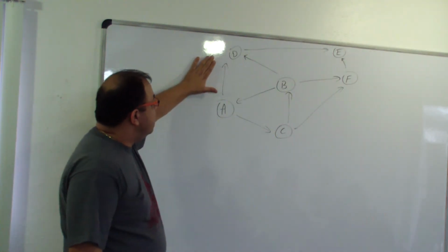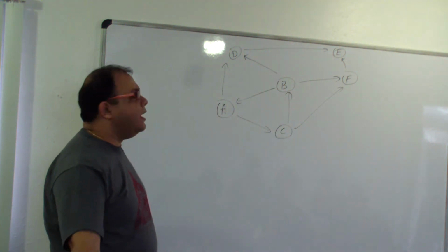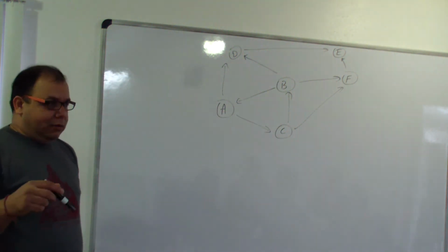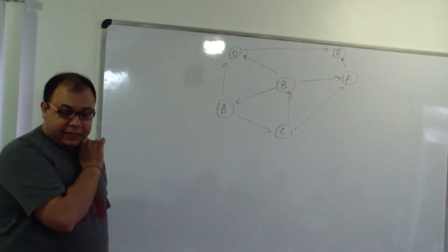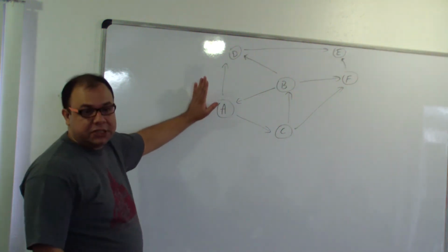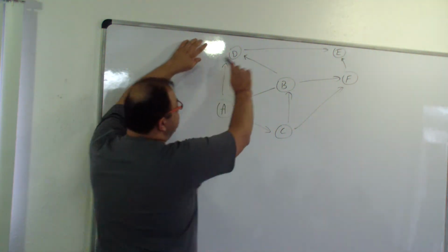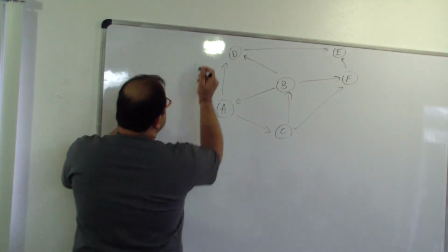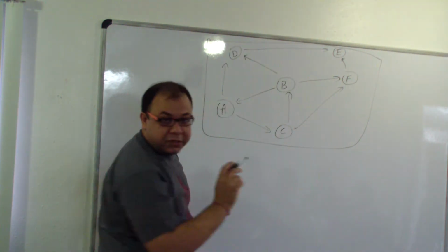So I implemented a very simple graph. It can be optimized, but for interview purposes I think this is good enough, and it's very easy to understand too. If you look at a graph, what does a graph contain? This whole structure is one graph.